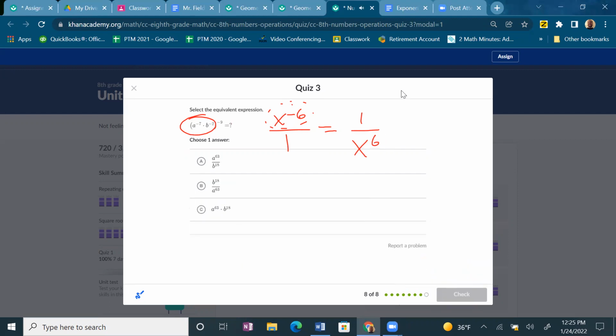And the last one here, select the equivalent expression. So what rule are we going to use? Well, we're going to use the power to a power rule because we have those parentheses there. And then also we have some negative exponents. So we may need to move things from the denominator to the numerator, or the numerator to the denominator. So let's give it a try and see what happens.